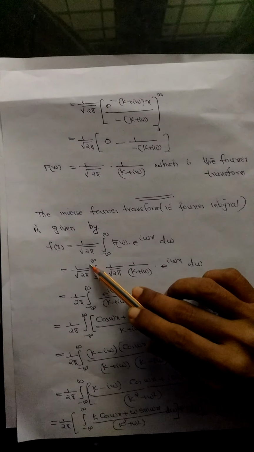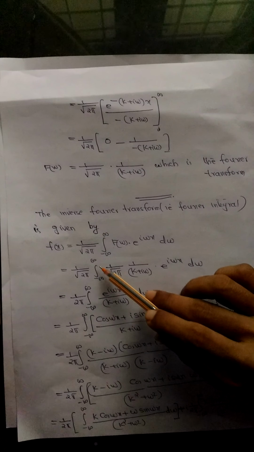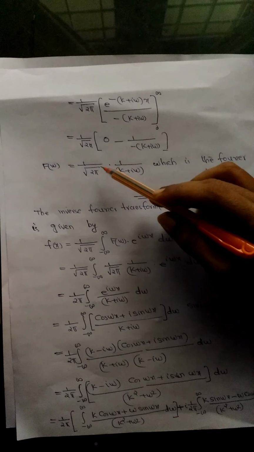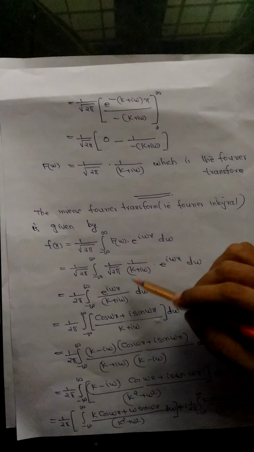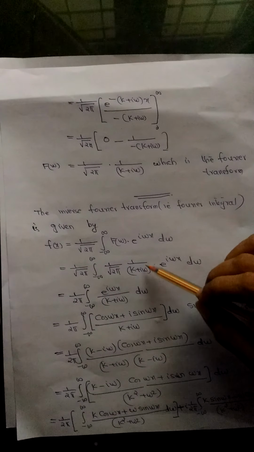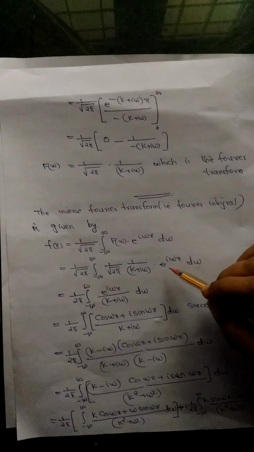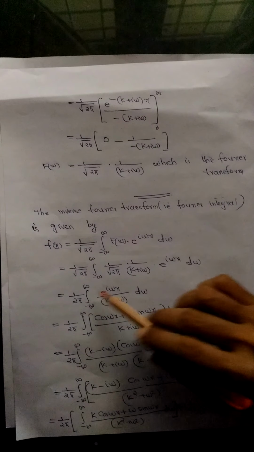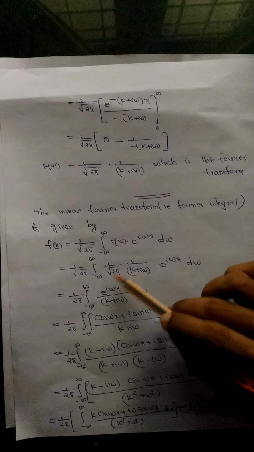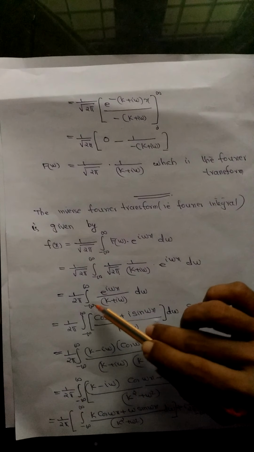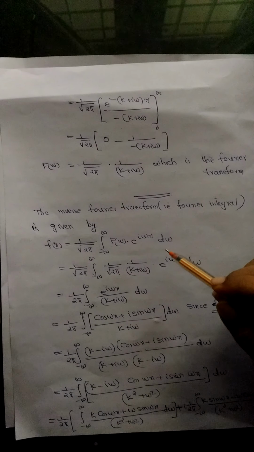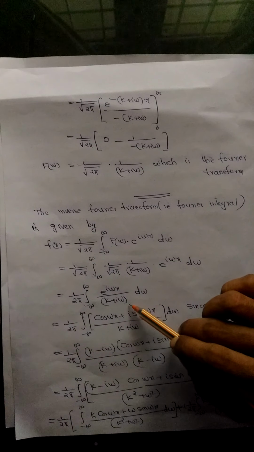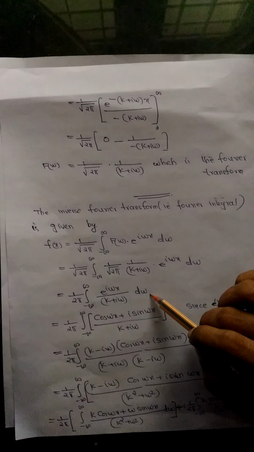F of omega is this one, 1 by root 2 pi into 1 by k plus i omega, into e raised to i omega x d omega. Root 2 pi into root 2 pi becomes 2 pi. So 1 by 2 pi integral from minus infinity to plus infinity e raised to i omega x divided by k plus i omega into d omega.